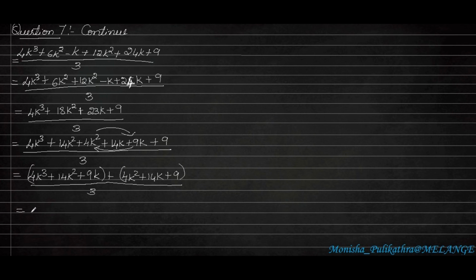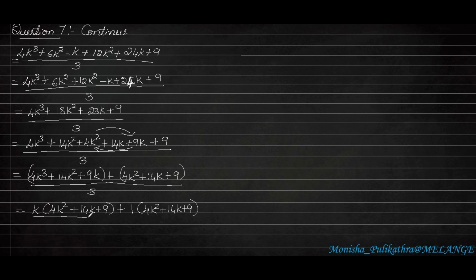So here in the first group I will be taking k as common. So if I take k common, here it will be 4k square plus 14k plus 9. So 4k square plus 14k plus 9, I have taken k common in this group, plus here nothing is there, so I will be taking 1. So 4k square plus 14k plus 9.